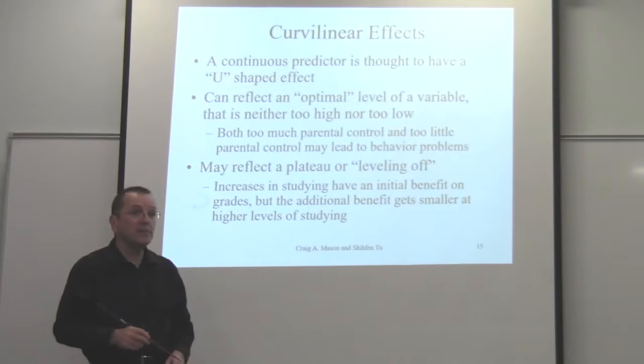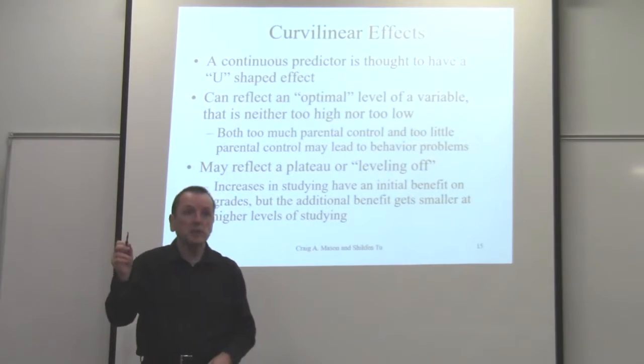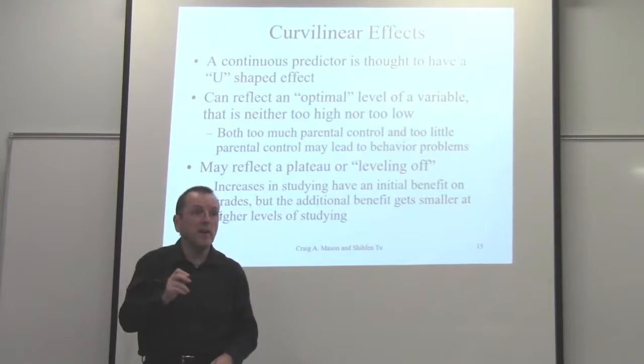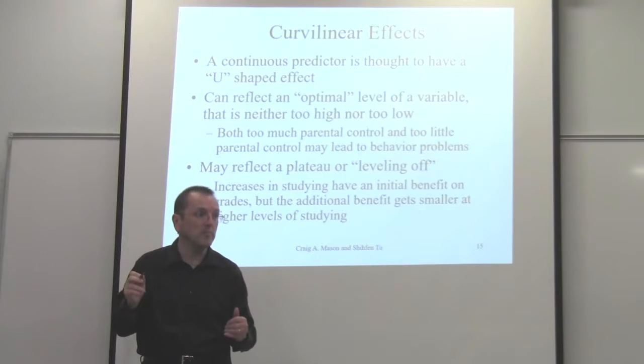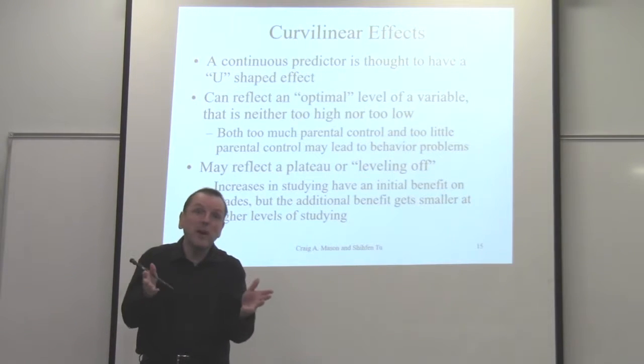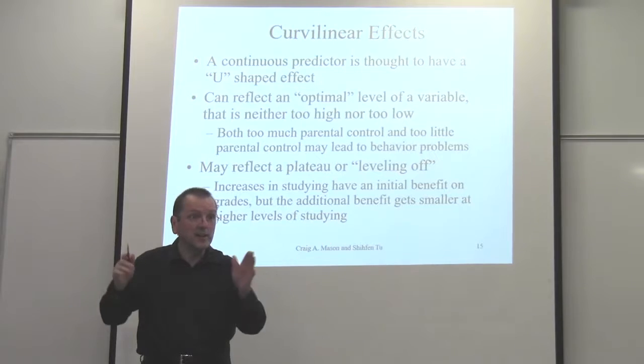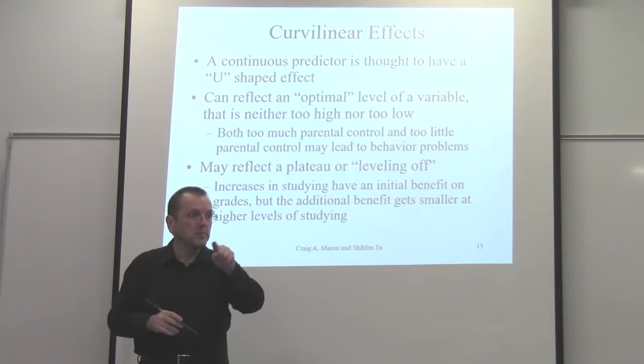Where we often see this is where there's some optimal level of whatever your continuous variable is relative to your outcome. My dissertation looked at parental control and adolescent behavior problems.